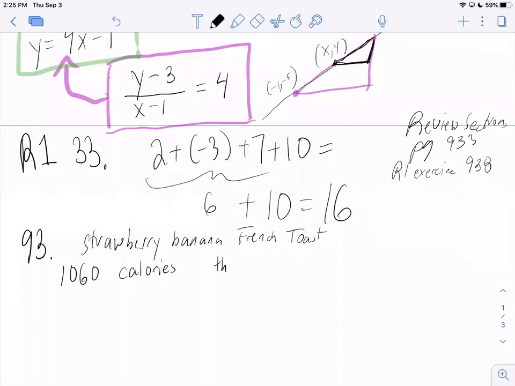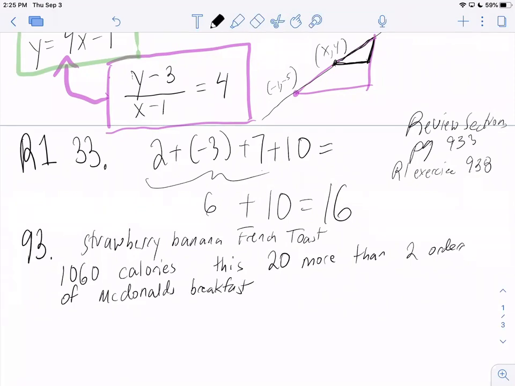This is 20 more than 2 orders of McDonald's hotcakes. The question is, how many calories in a McDonald's order?